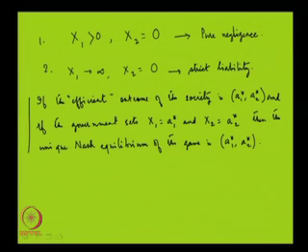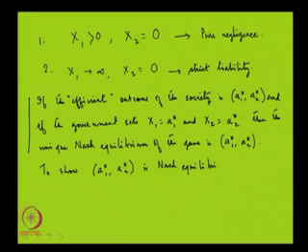So, this is what is being proposed. What we are going to do now is first show that A1 star and A2 star is a Nash equilibrium, and the second step will be to show that it is unique, it is the only Nash equilibrium.